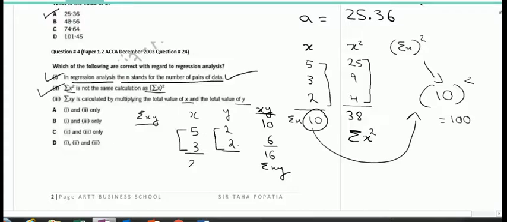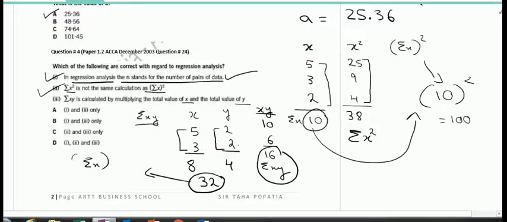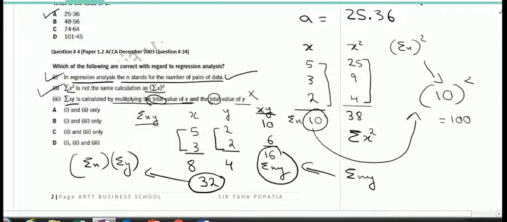The total of x will be 8 and the total of y will be 4, and 8 into 4 is 32. So this is different. This 32 is summation of x into summation of y, whereas the other is summation of xy. So the statement is wrong, because I multiply the paired terms and then add them up. So my answer will be A.